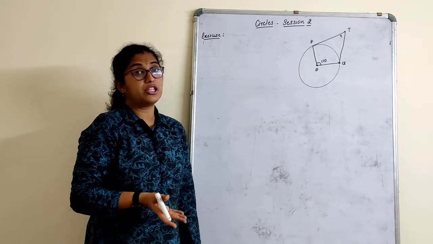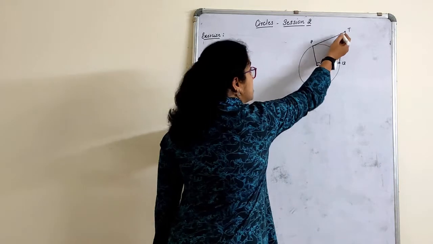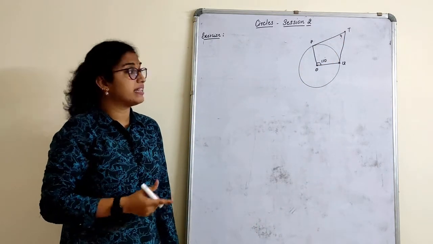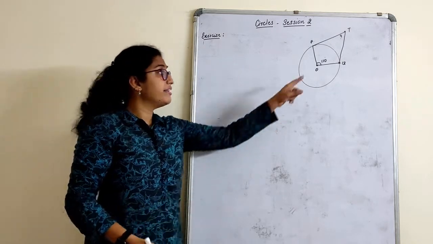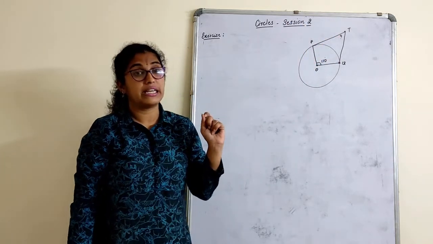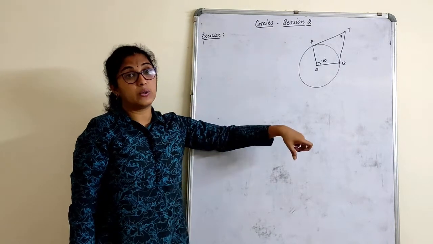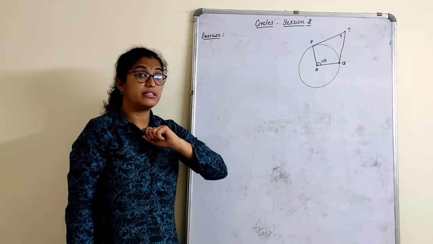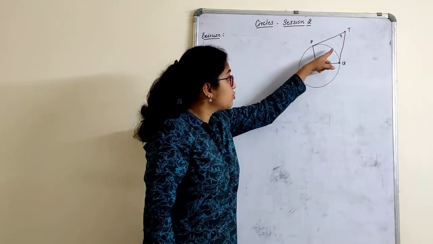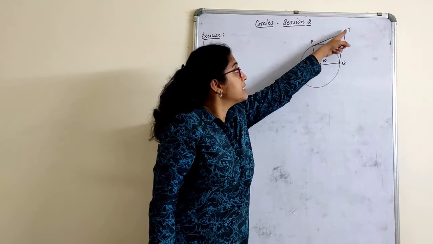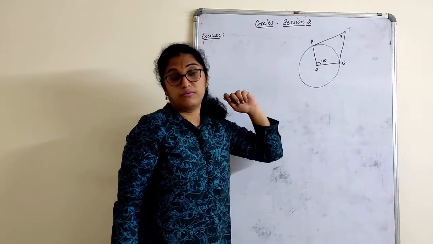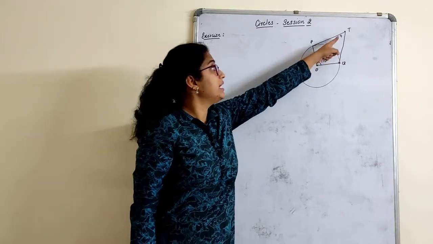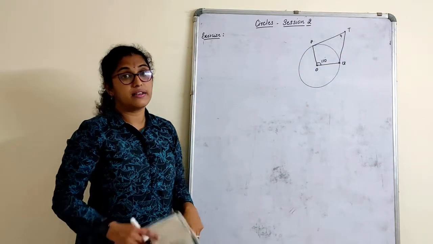So what are the properties of a cyclic quadrilateral? Opposite angles in a cyclic quadrilateral are supplementary. Directly you can say that here. If this is 110, this has to be 70. Why? It becomes a cyclic quadrilateral when we draw tangents from an external point. You actually have this in construction. We extend and make a circle. That circle passes through TPOQ. That is called a cyclic quadrilateral. Opposite angles are supplementary. If it is 110, it is easily told that it is 70 degrees.